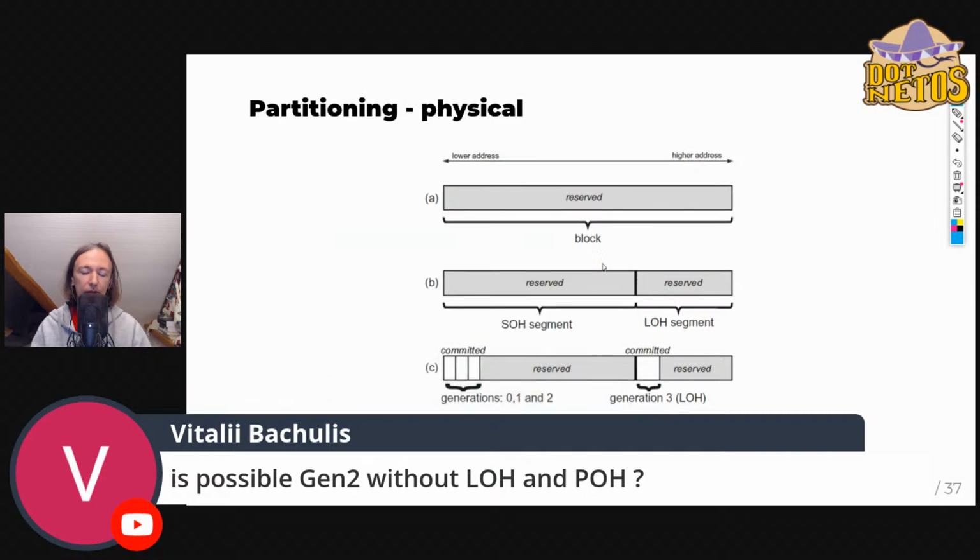Is it possible to have Gen 2 without large object heap and small object heap? No. Currently there is no such mode of the GC working where it only considers, for example, Gen 2. We are always having all of them at the same time. So we cannot, for example, garbage collect only large object heap or only Gen 2.